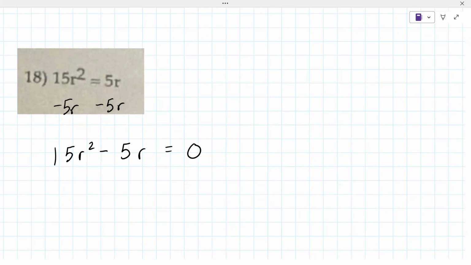What is the GCF? What goes into both 15 and 5, and then r squared and r? 5 goes into both. What about the letter? 5r. Good. We've done a bunch of these today. So tell me what goes in parentheses.